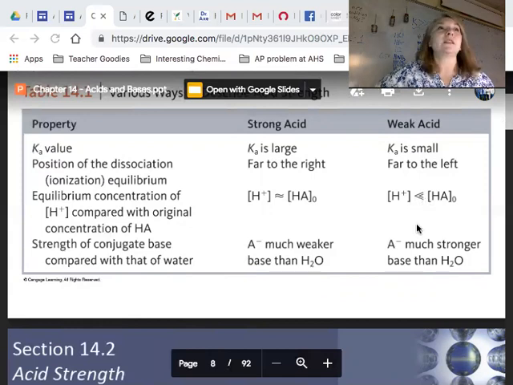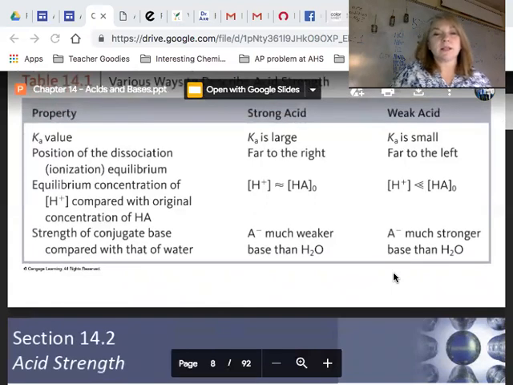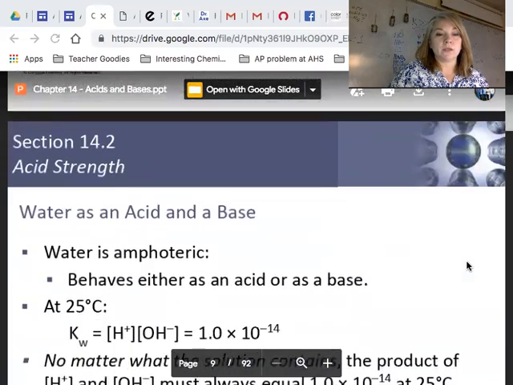That simply means it's much, much less than your original concentration. And then we've already written this part down. This is just summarizing everything. Your conjugate base is a much weaker base than water for a strong acid, and for your weak acid, your conjugate base is a much stronger base than water. So just a real quick summary chart.